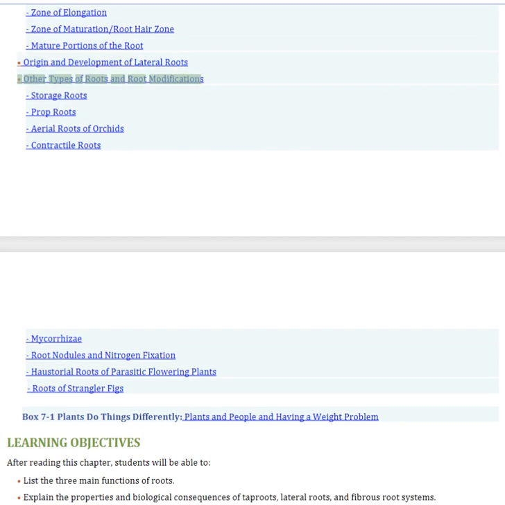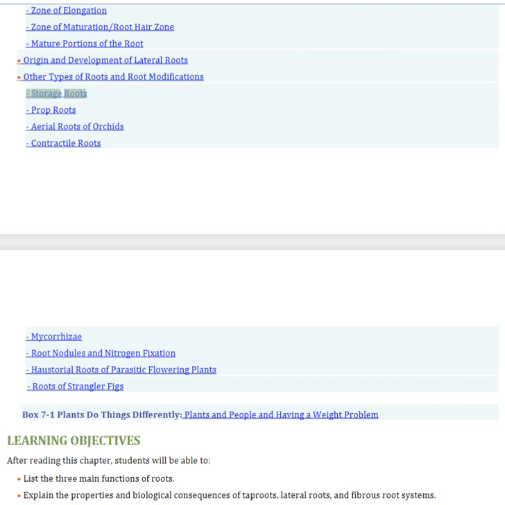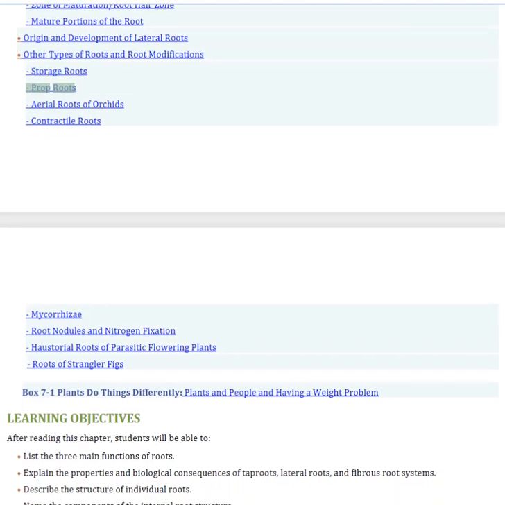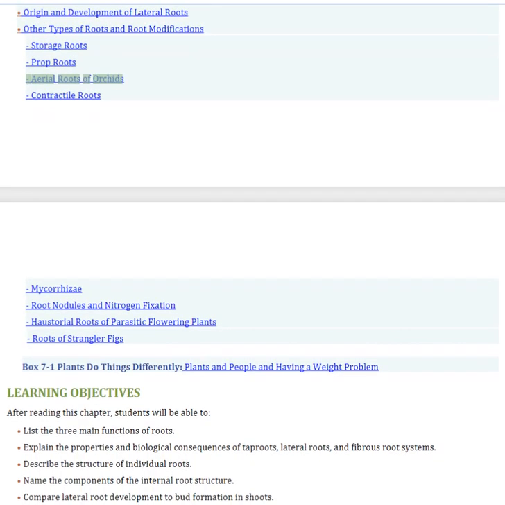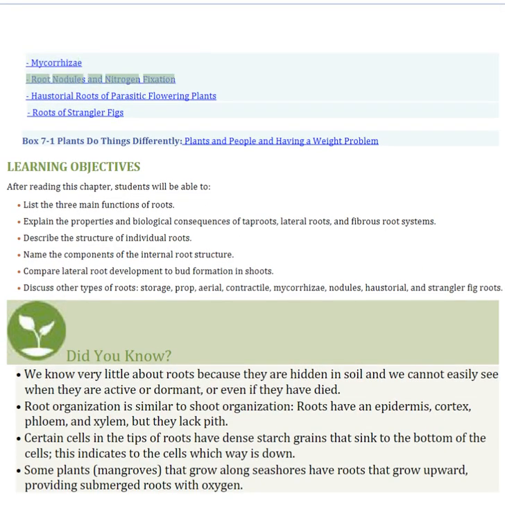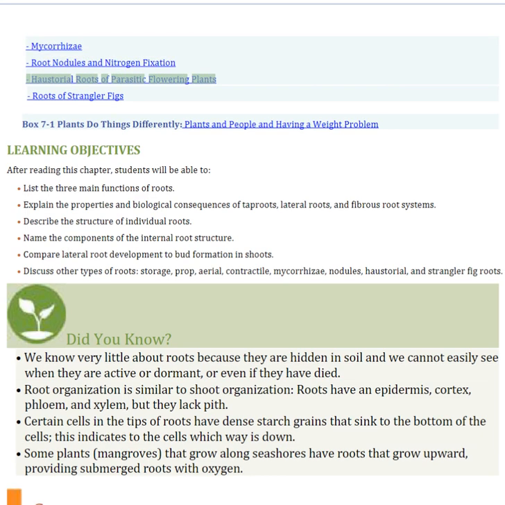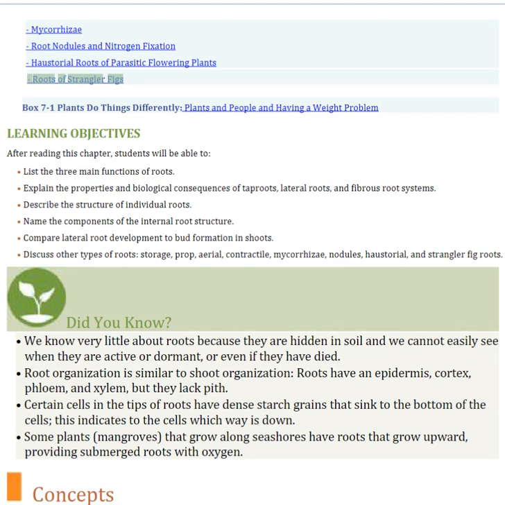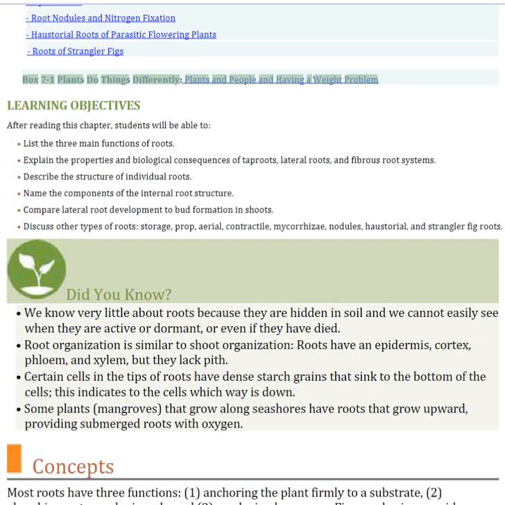Other types of roots and root modifications. Storage roots. Prop roots. Aerial roots of orchids. Contractile roots. Mycorrhizae. Root nodules and nitrogen fixation. Haustorial roots of parasitic flowering plants. Roots of strangler figs. Box 7-1: Plants do things differently. Plants and people and having a weight problem.